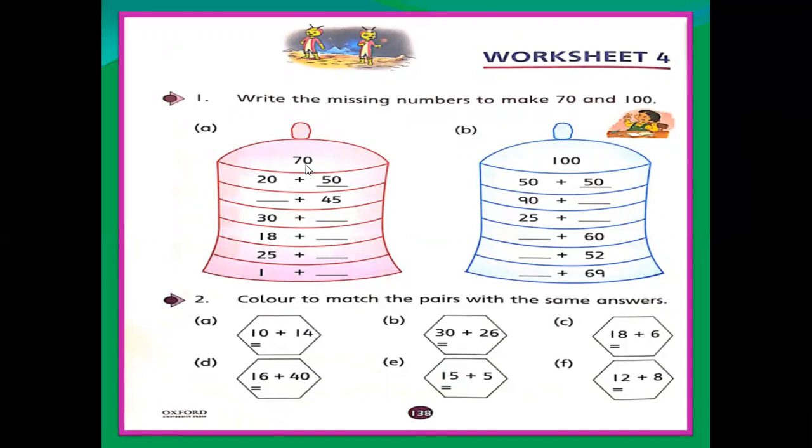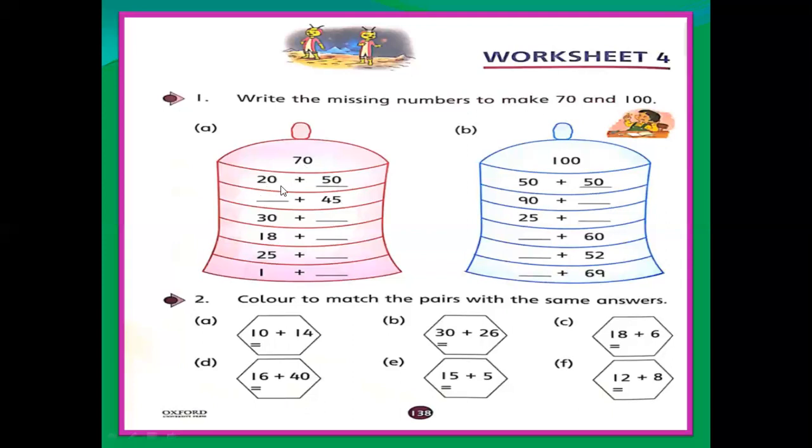So look at this one on the left side, 70. In the first one, two numbers are given, 20 plus 50. 20 plus 50 is equal to 70. So it means these two numbers make 70. In the next, one number is given and we will try to find the second number, and it is very easy to find.